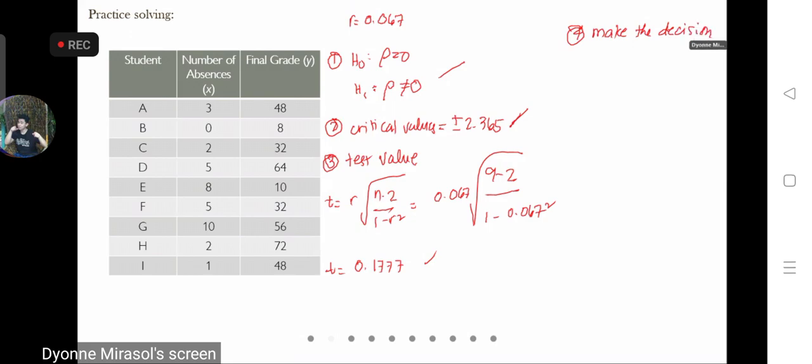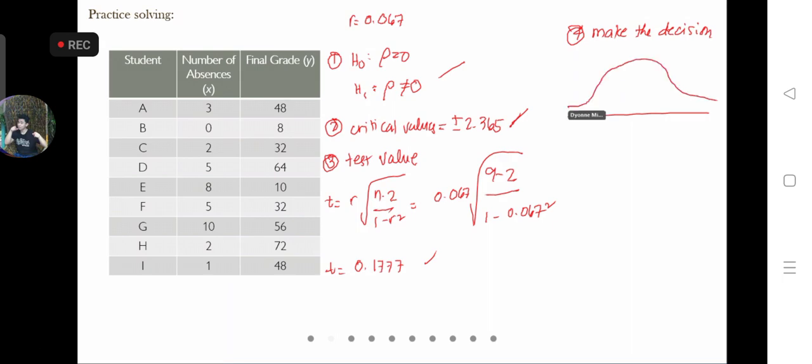To make the decision, we graph the distribution with 0 at the center, negative 2.365 and positive 2.365. This is our critical region. As I mentioned earlier, if your test value falls within the critical region, you conclude to reject the null hypothesis.